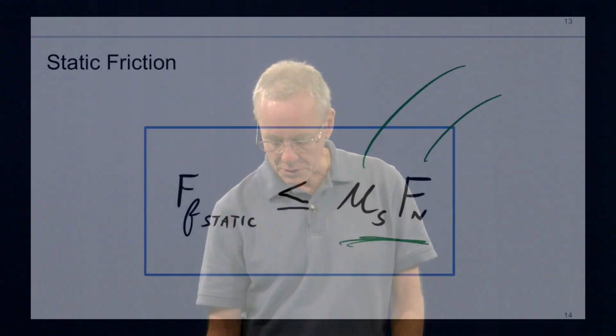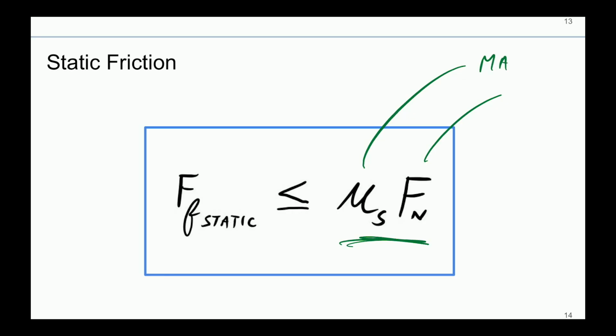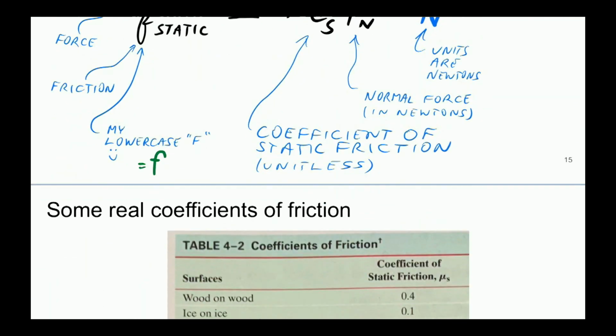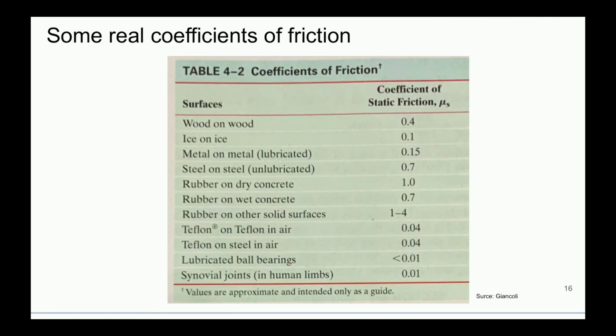Surprisingly, at least to a first approximation, it's only dependent on the materials. So that's mu static. It depends on the two materials that are in contact with each other, and one can list mu static for various pairs of materials, which we do in the presentation. I once again credit the John Coley textbook for providing this information.